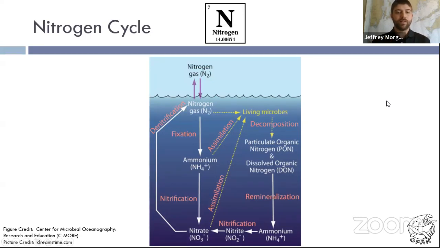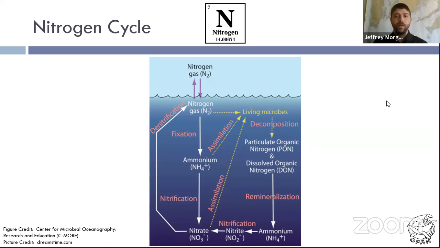So once we get past understanding where our nutrients have come from when they enter the ocean and how they might be limiting, we can then look at individual cycles of elements. And I don't want to go into the itty-bitty parts of this figure. I just want to show you that it's very complicated when we're talking about different nutrients.